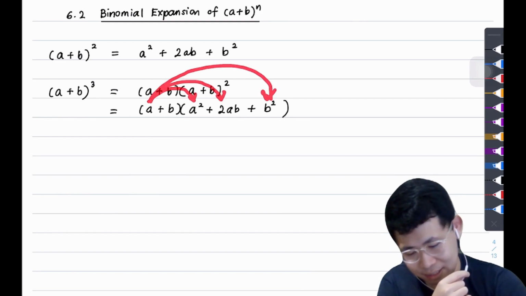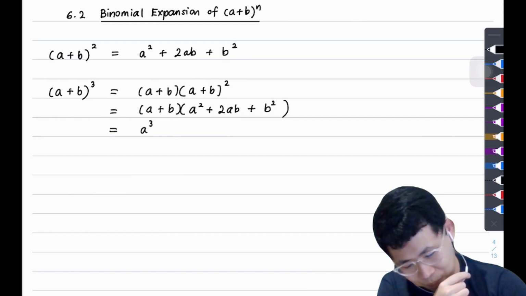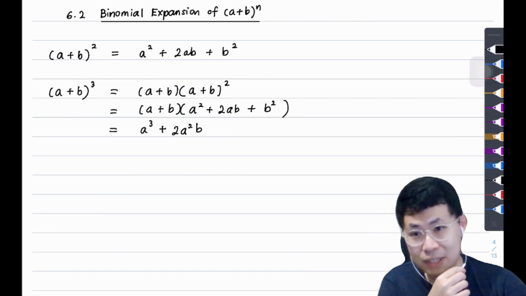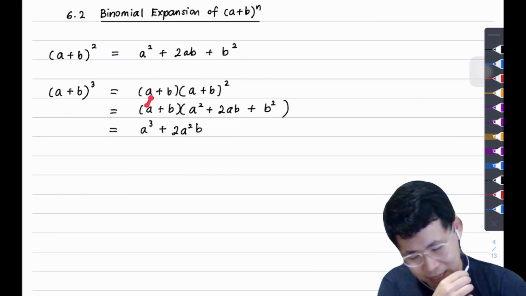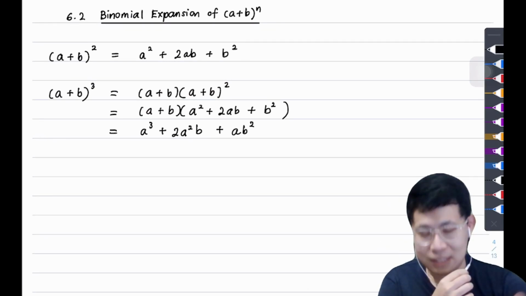Very nice. So we have our a cubed, a times a squared. Then a times 2ab would give me 2a squared b. Then a times b squared would give me a b squared. So this is the first term.